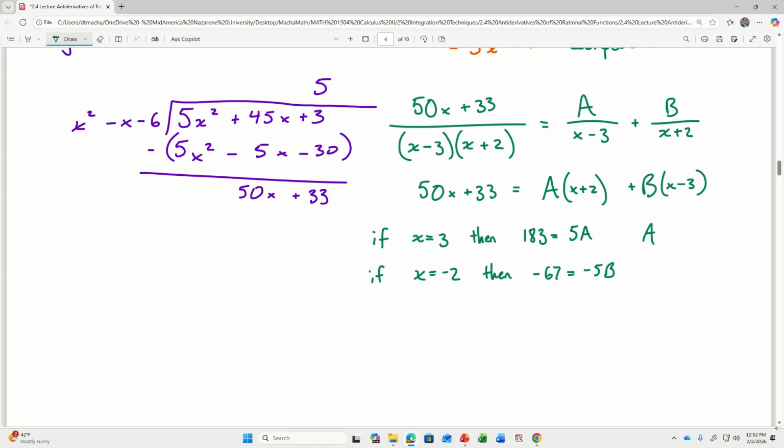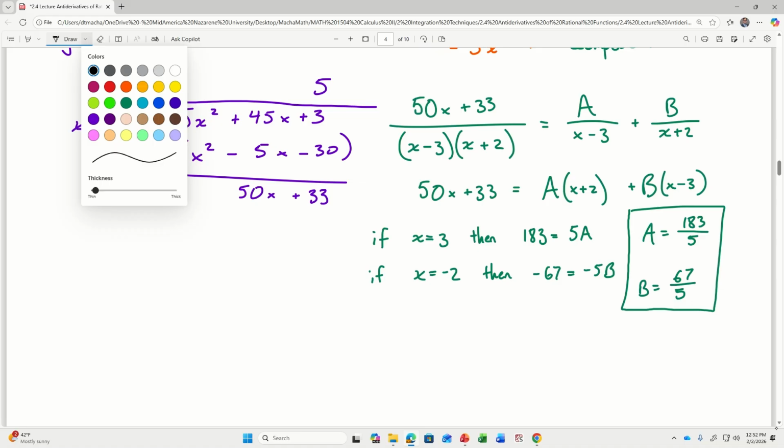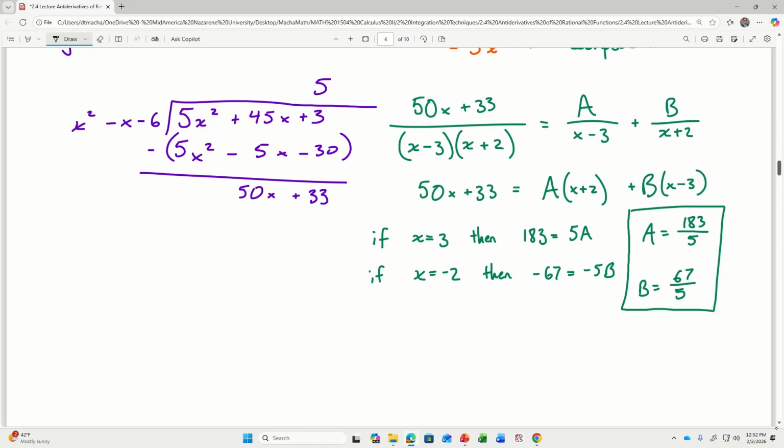So A is 183 divided by 5, and B is 67 divided by 5. It's pretty bizarre. I don't think it makes the problem any harder, but it's kind of strange fractions.